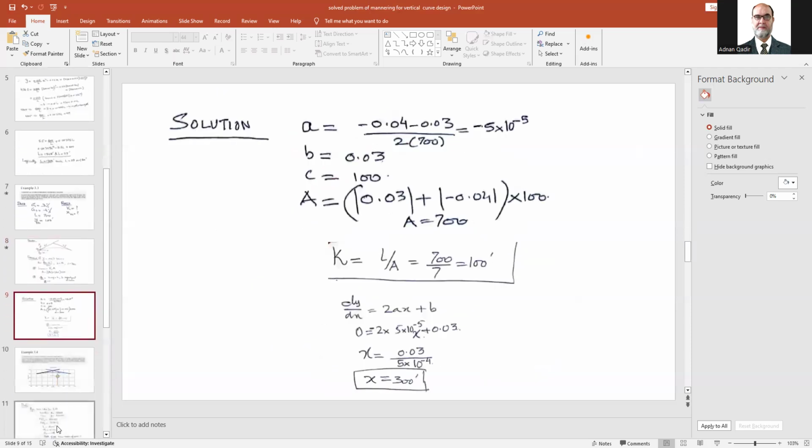Now the solution. We know A, and we find its numerical value, minus 5 into 10 power minus 5. B is 0.03, C is equal to 100, and L is equal to 700. Then we know that K is the length of the curve divided by A, and the value of K is 100 feet.